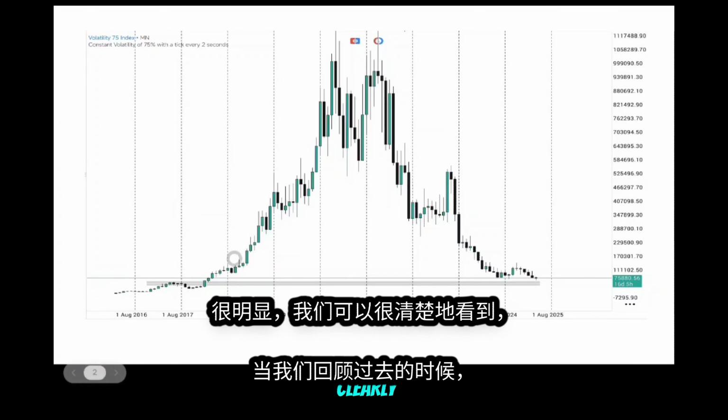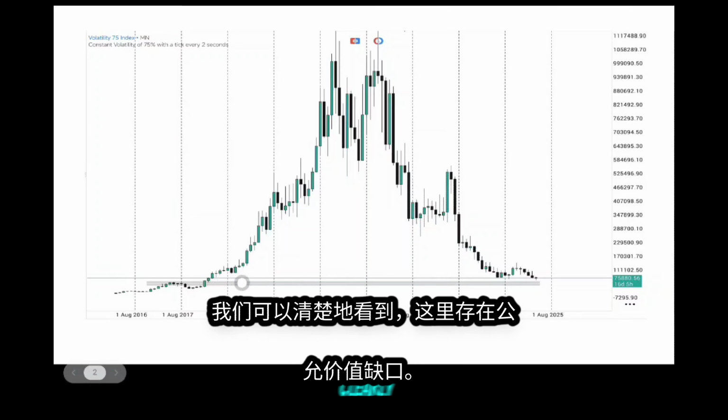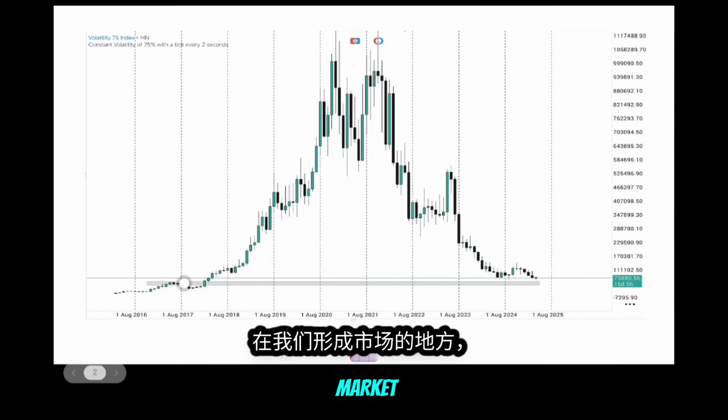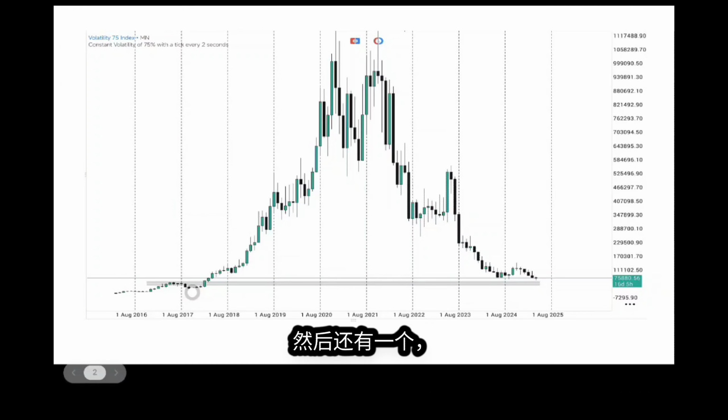When we look back into time, we can clearly see that there is a fair value gap right in here. This fair value gap is seated right in a place where we have the market also giving rise to a breaker right in here. There's a low, there's a high, and then there's a higher low in here.